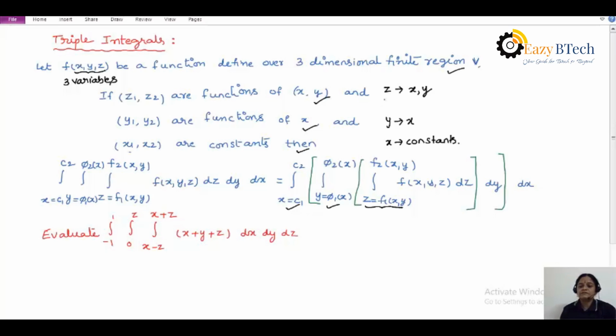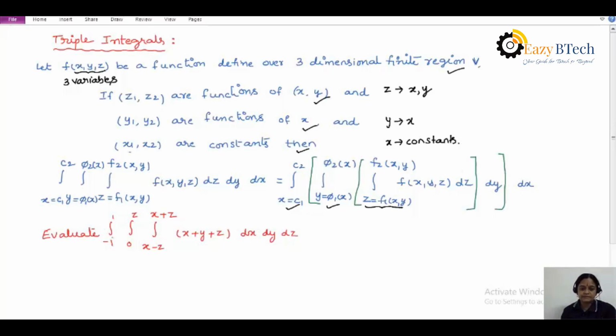So the triple integral means writing three integrations: with respect to z, with respect to y, and with respect to x.